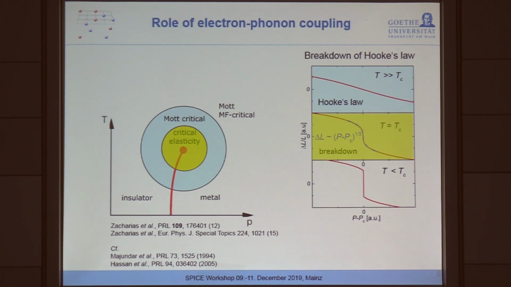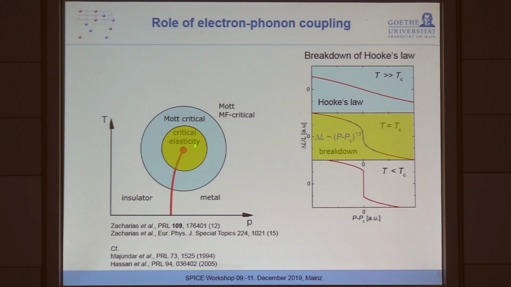It perturbatively weakly couples to the critical electronic system. And if your observable would be the lattice response as a function of pressure tuning, what you would expect is essentially what you would see for a normal metal, slightly modified. This is a linear strain-stress relation. This is what we call Hooke's law of elasticity.